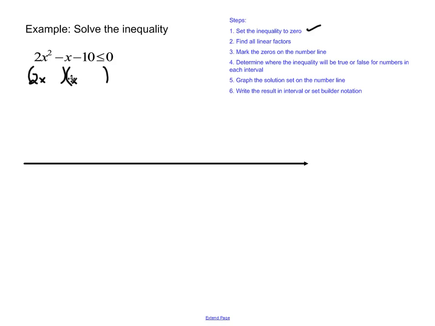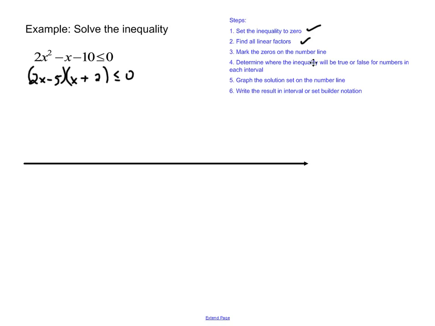Well, I would say that we have to have 5 and 2, and the reason is that if we take 2 times 2, we would get 4, and 5 times 2 is 10. Now our only question is about signs. We have negative x right here, so we have to have a negative 5 and a positive 4. And again, you can check: 2x squared plus 4x minus 5x gives us negative 1x minus 10. So that's less than or equal to 0.